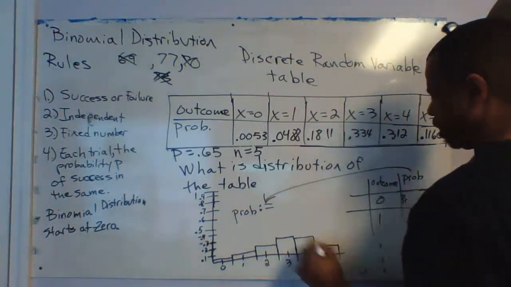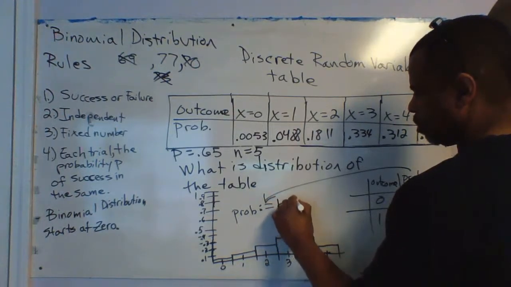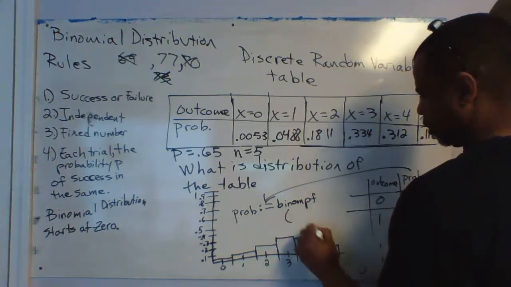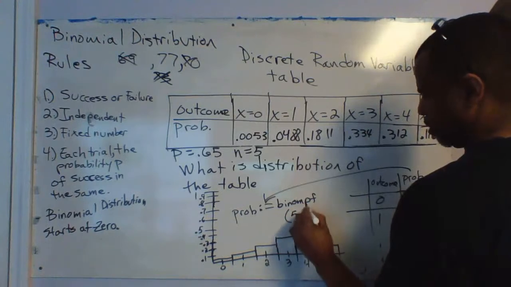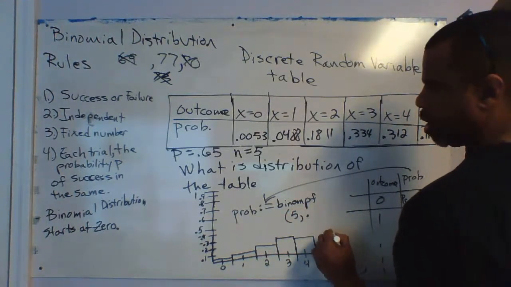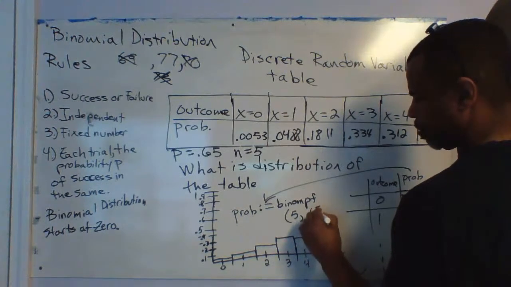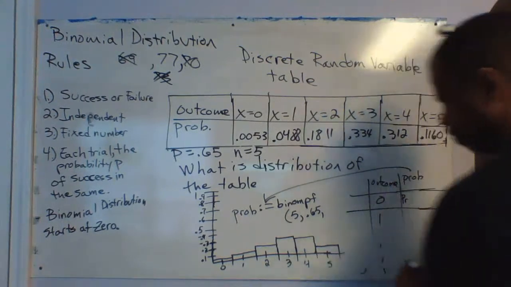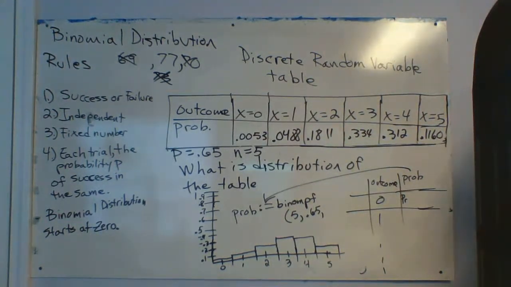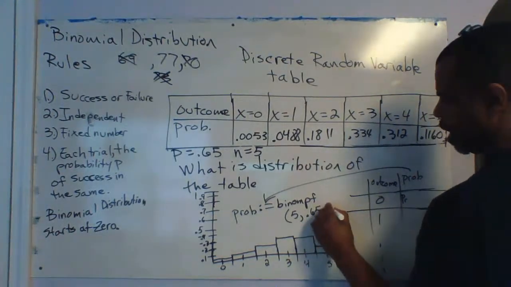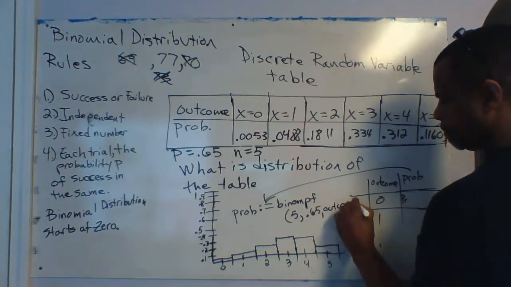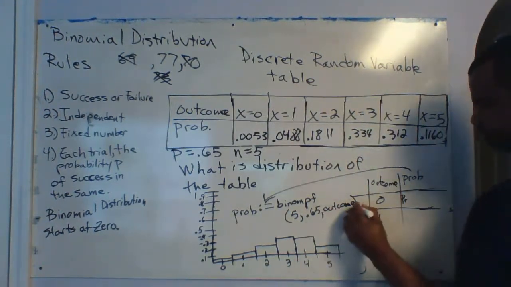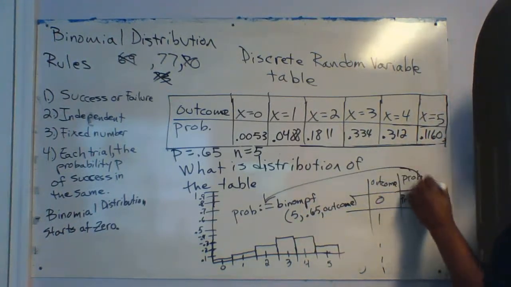You're going to do the binomial PDF, and so that would be 5, comma, point 65, and then you just put the outcome here.